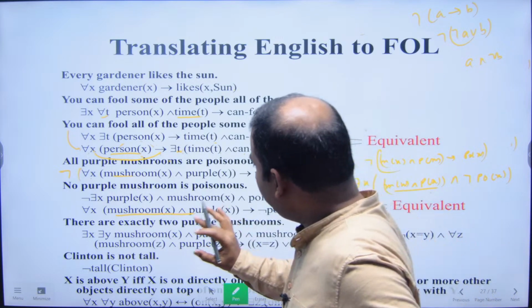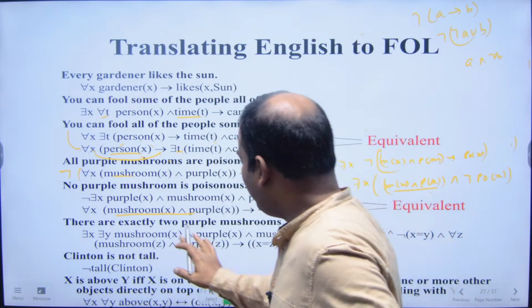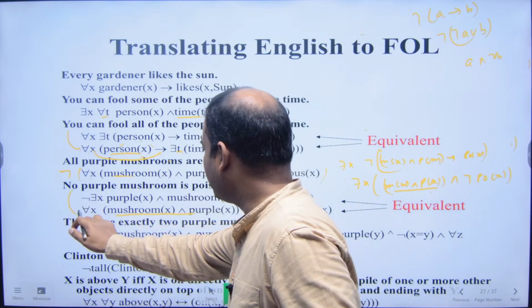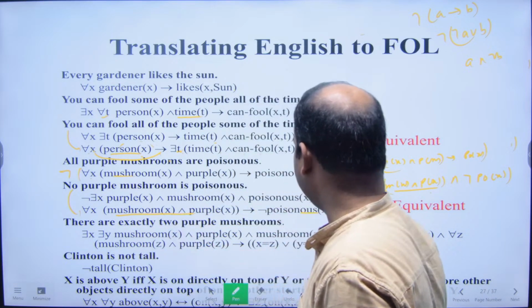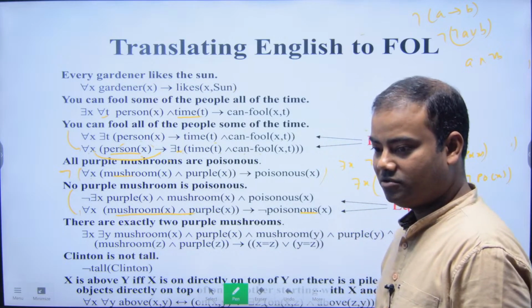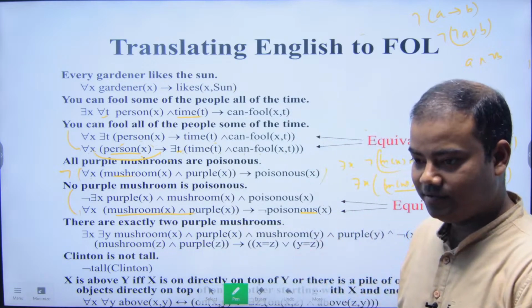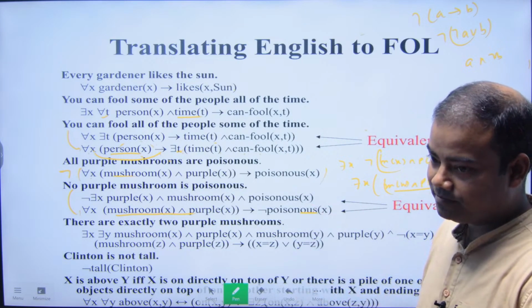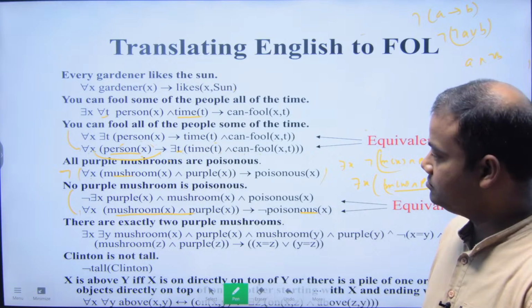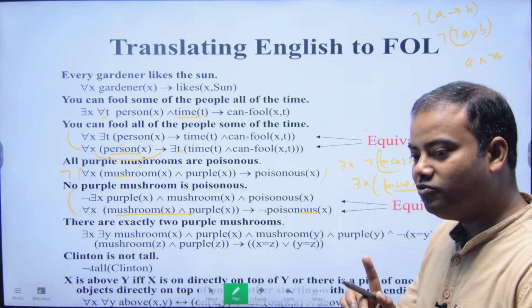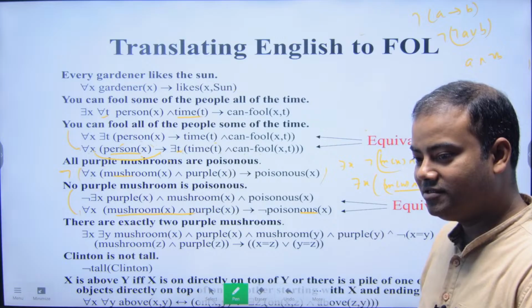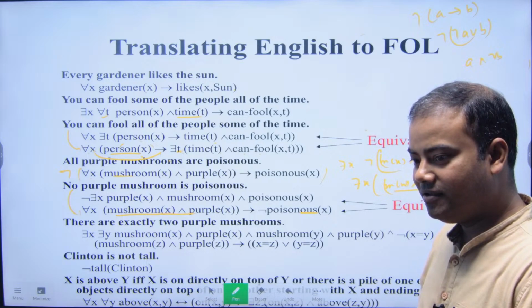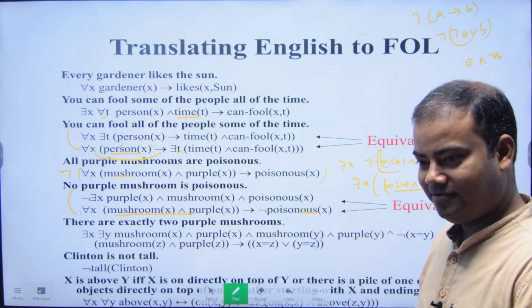So no purple mushroom is poisonous. Here it is very simple: if it is a purple mushroom, it is not poisonous. Now what is the negation? At least one purple mushroom which is poisonous. Is it clear? Any doubt? Confirm?